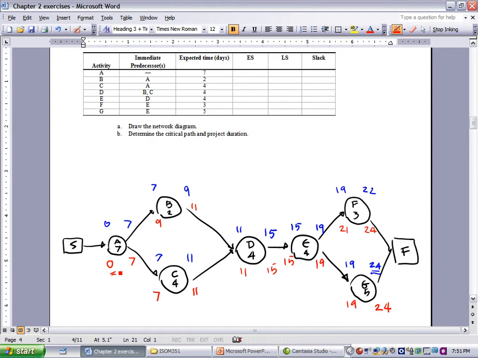Okay, now let me summarize this for you in a table. Let me change to a small pen.